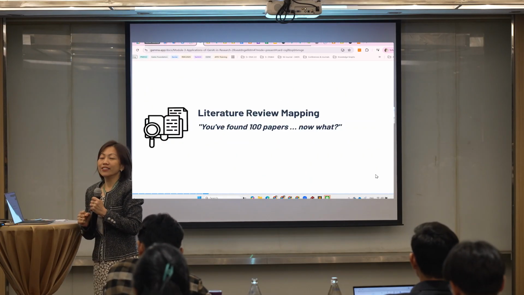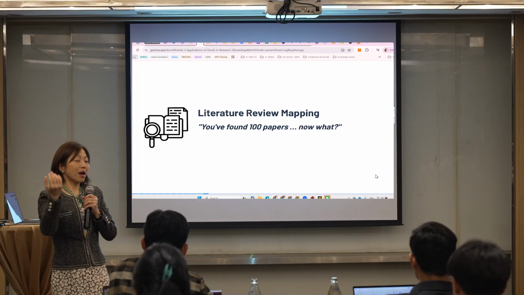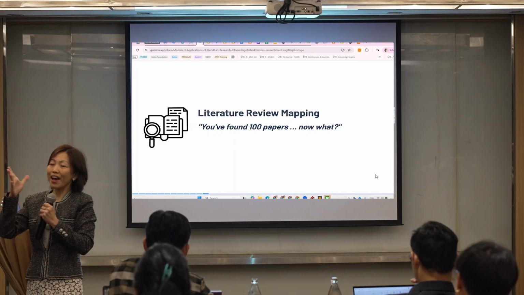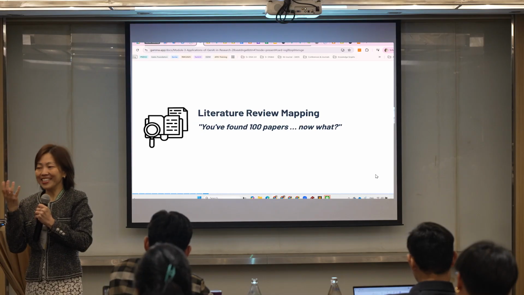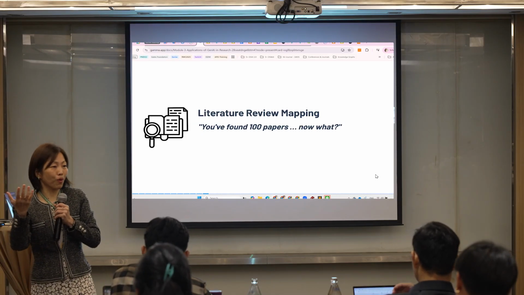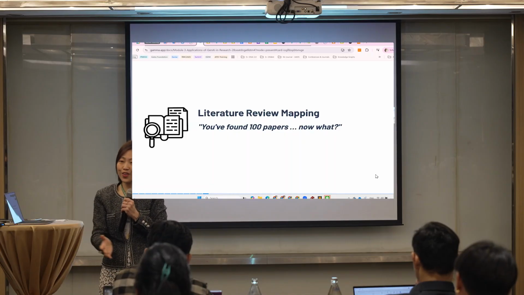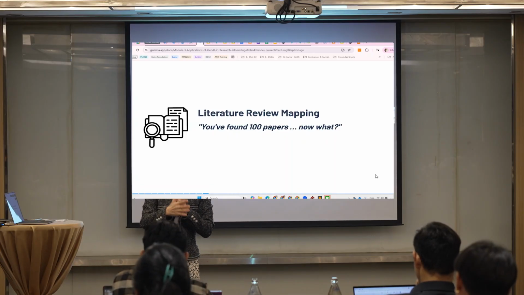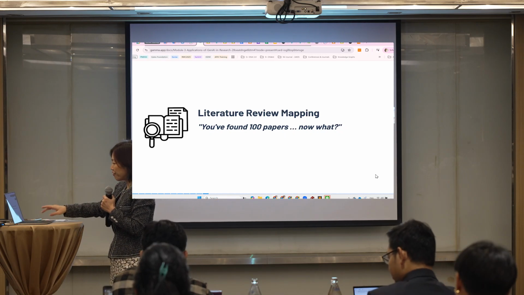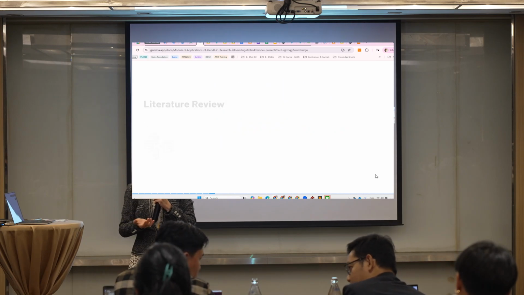Okay. So the second step after problem formulation, what's next? When we have some idea of what we are interested in, then we need to read more papers, finding other research papers, solutions, methodologies that other people have done. Then literature review.